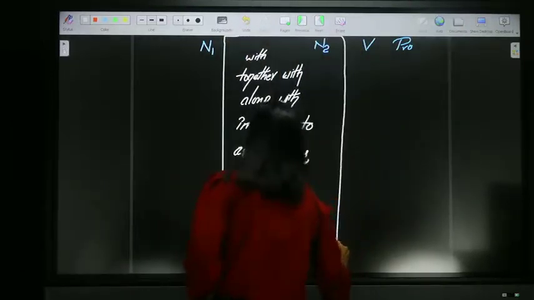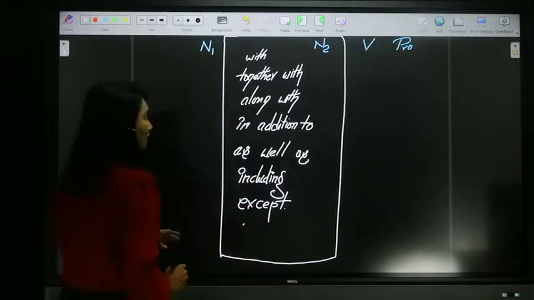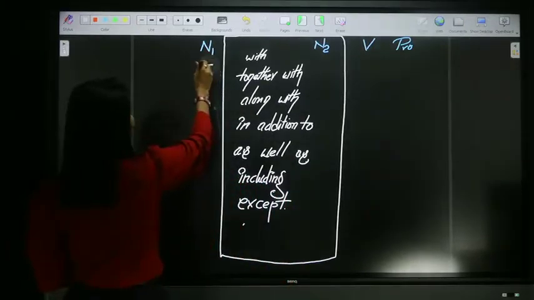That means only the first noun is considered the subject.